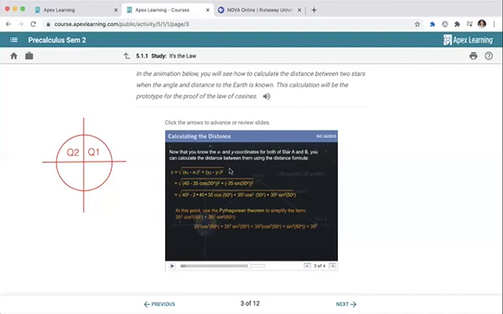And since we know our x and our y coordinate for both star A and star B, we can now calculate the distance between them using our distance formula here. Again, it looks like we set star A as x1 and y1, and we set star B as x2, y2.